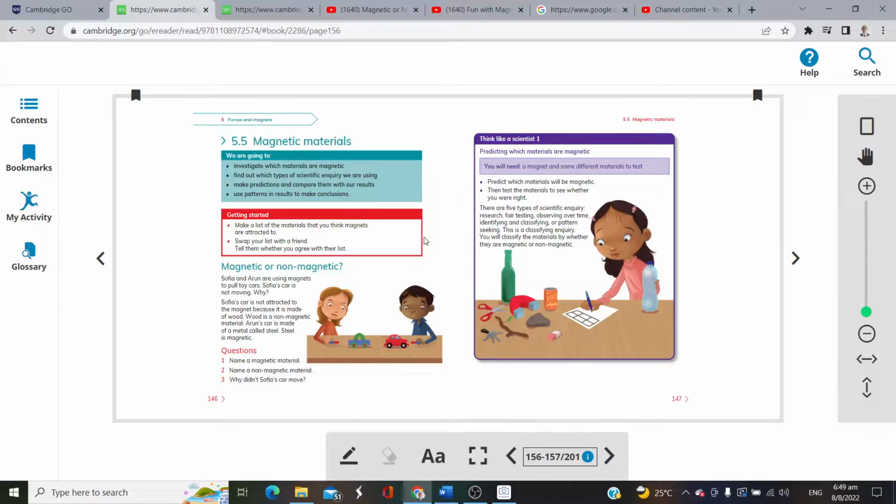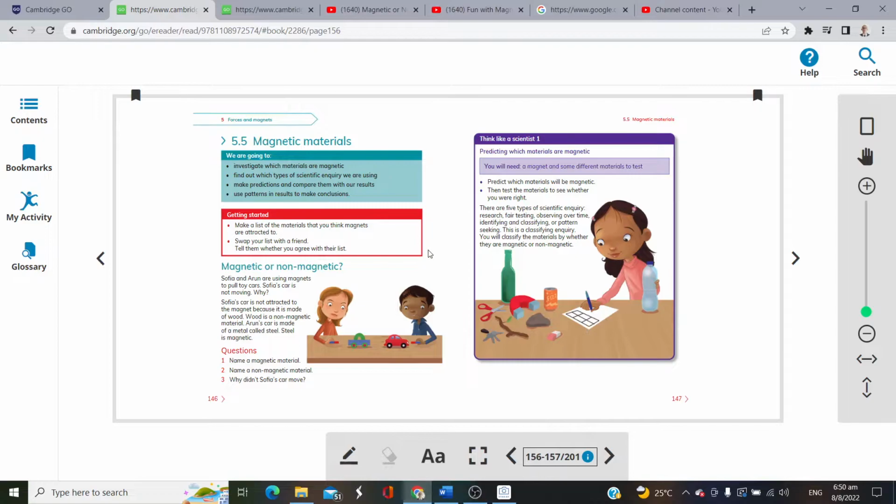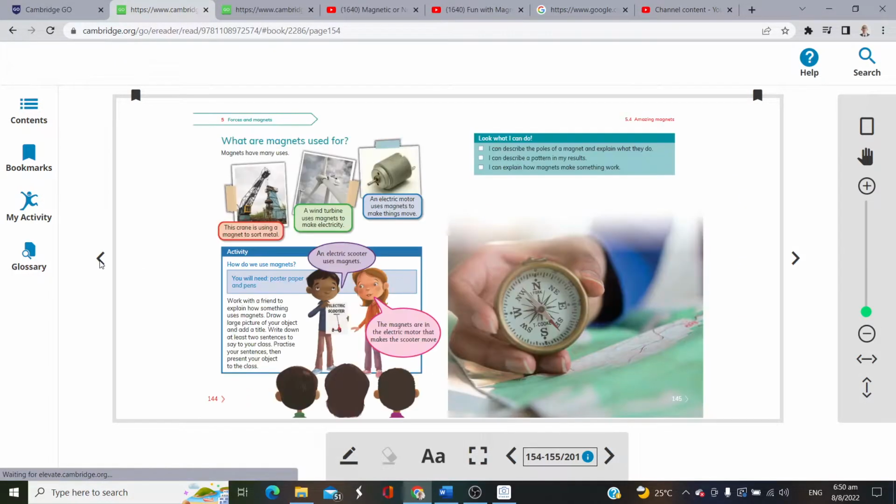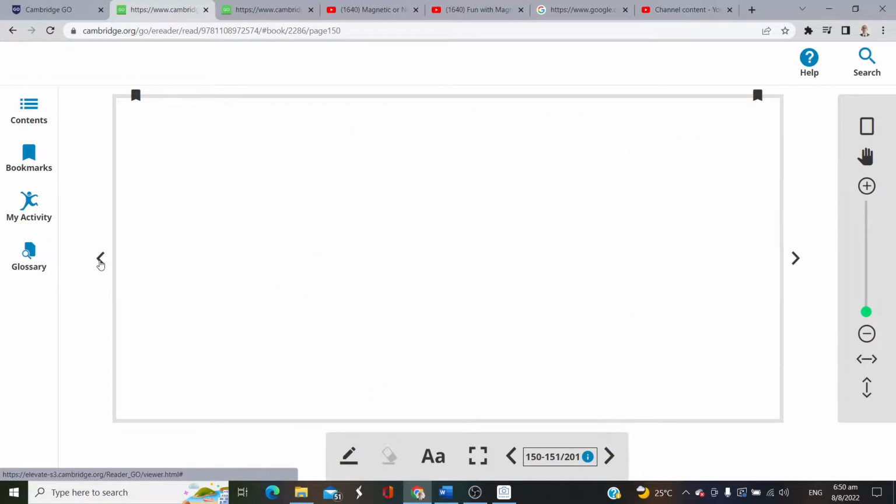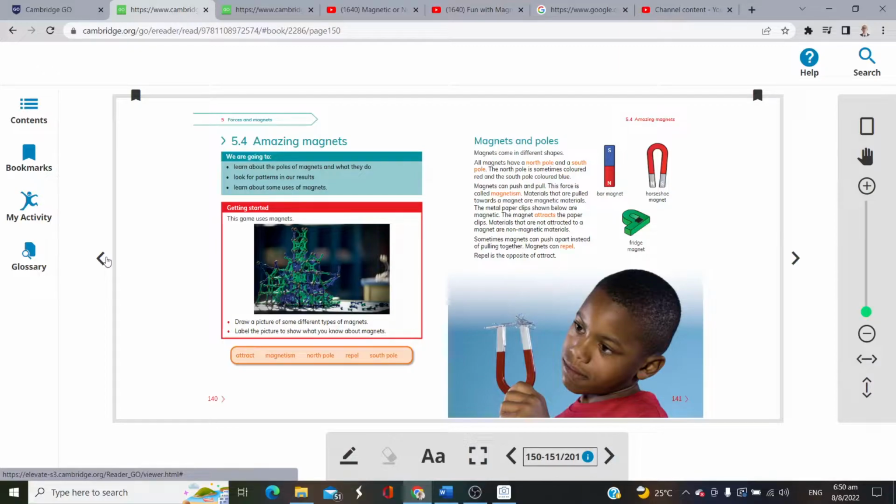Today what we are going to go through is topic 5.5, magnetic materials. In our previous class, we learned about, let's see, please open page 140 in your learner's book.